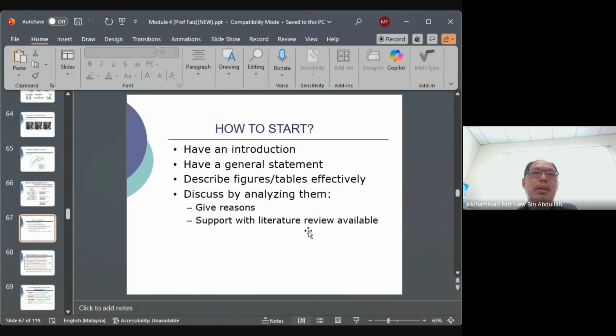They have done it, and maybe they get, for example, 10 dBm, and then in your result you add in extra material, and you get more than that, maybe 20 dBm, much better result. Okay, so all this discussion must have a relationship, not only the general statement you have written. So give reason and then support with literature review.